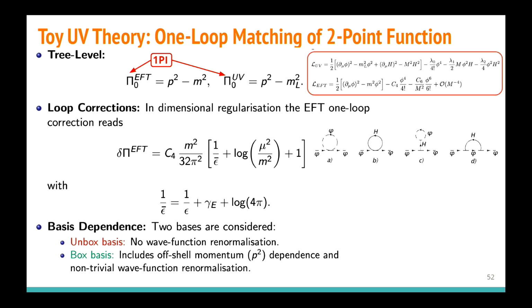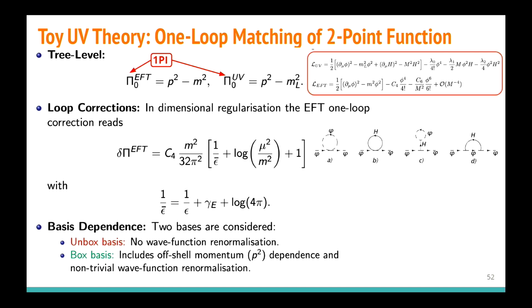Right. So this is basically in the unboxed basis. If we do the calculation seriously, we can discuss this later on, but I wanted to give you some more material rather than sticking with one single calculation. So in the unboxed basis, we'll see that we have no wave function renormalization, whereas in the box basis, when we calculate the Green's function we'll include off-shell contributions with momentum p squared.